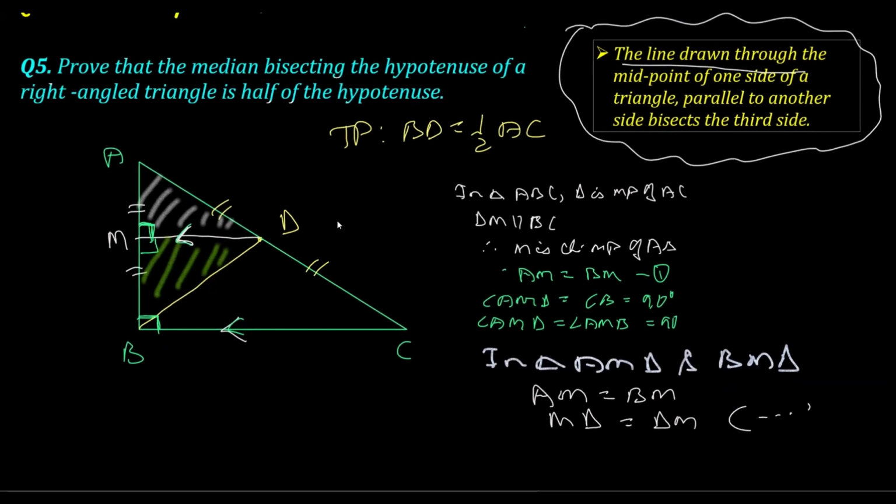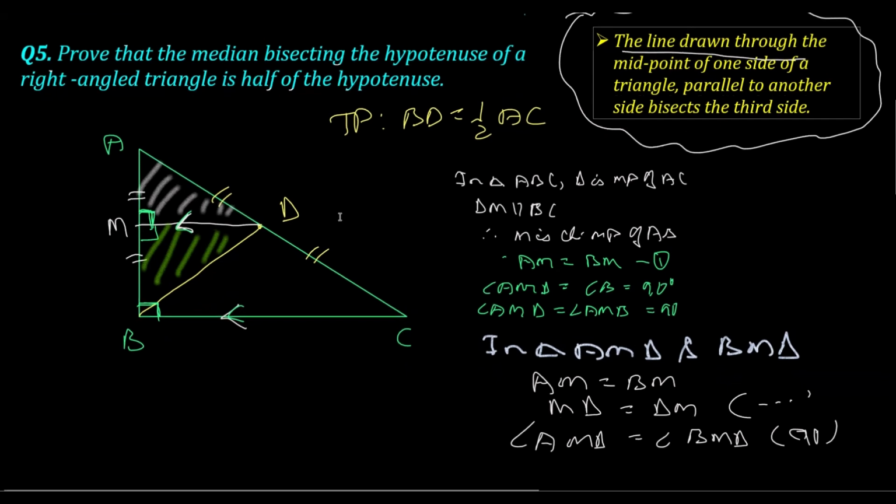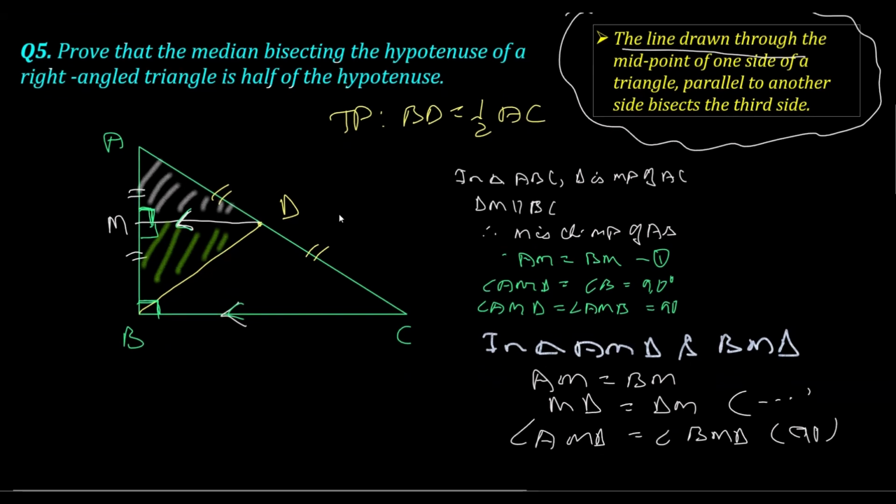That is angle AMD is equal to angle BMD, each 90 degrees. So we can say these two triangles will be congruent. That is, triangle AMD is congruent to triangle BMD, by side angle side.